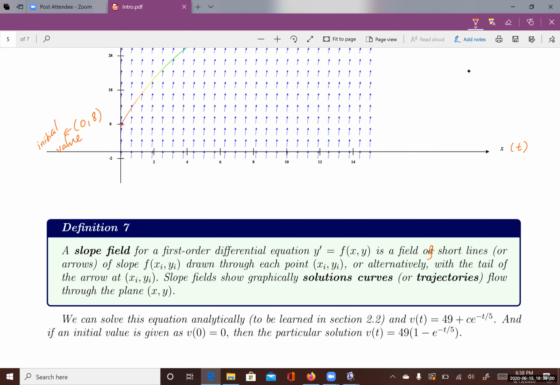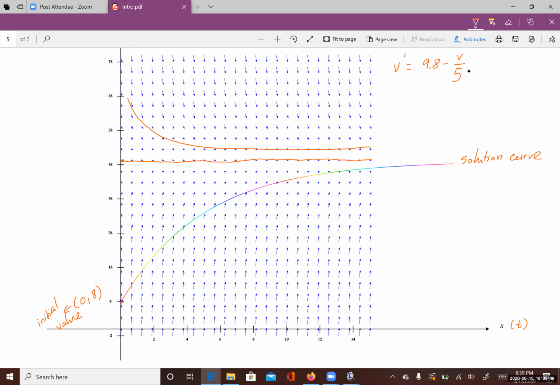This curve tells you that when you start at a point v equals 49, then the derivative of the equation, or the acceleration, v prime here, will be just 0.